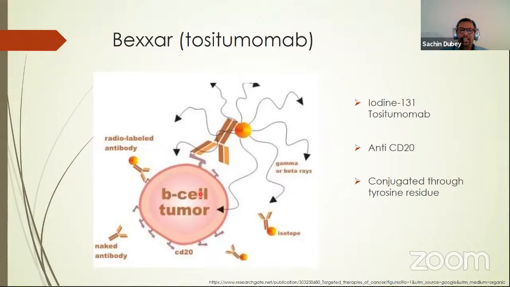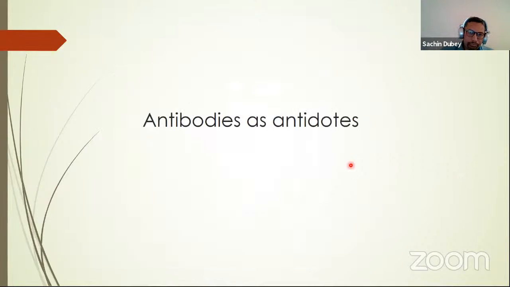So in this case, one more time, what we are doing is a so-called magic bullet, which was talked about earlier. In theory, the radioactivity is in a very confined region, the region where you have the target available. This example, Bexxar, is using iodine-131 and is an anti-CD20 antibody.